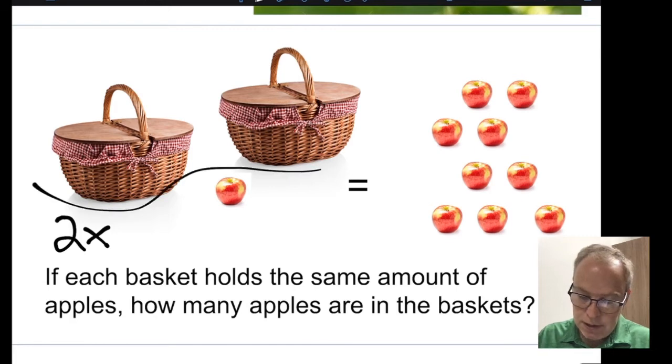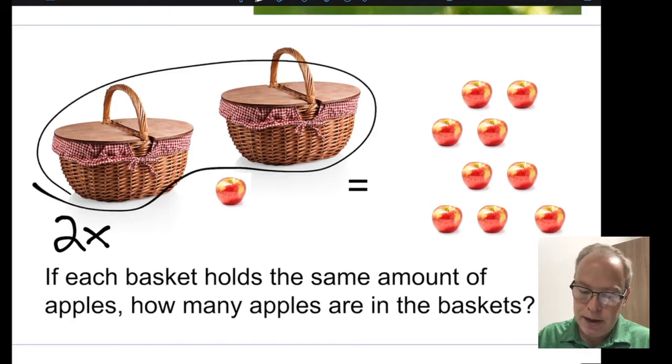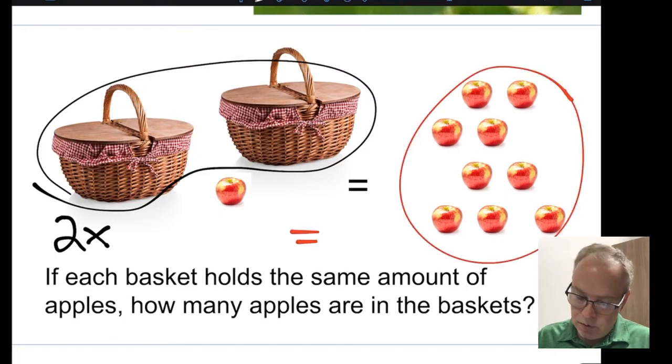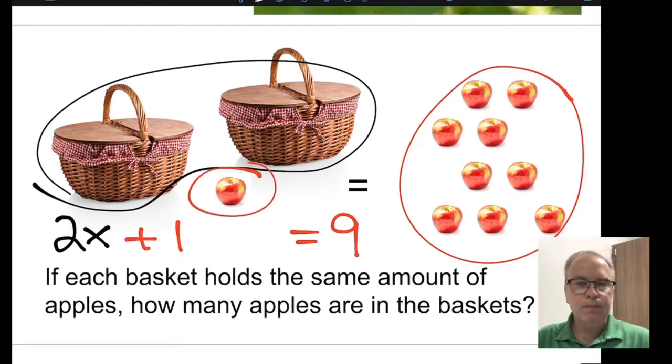That's what the baskets are represented by. Now the apples I'll do in red. We've got 9 over here, and then we've got 1 on this side. So 2 mystery multiples, 2x, plus 1 more, a little lone apple that's not in a basket. Apparently that equals 9.